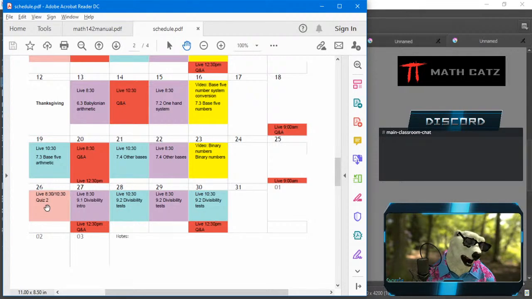But there were two sections created by the college for some unknown reason. I don't want to go into that. So some people only have the 8:30 time slot available and they watch the videos on the other days. Some people only have the 10:30 and they registered for that section.